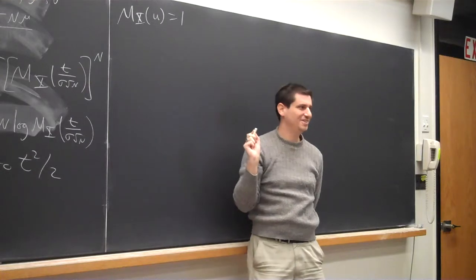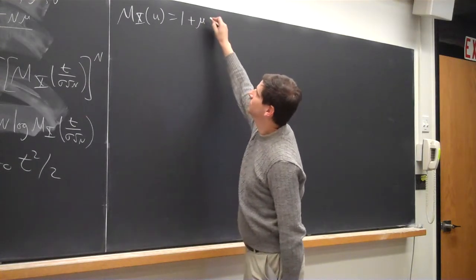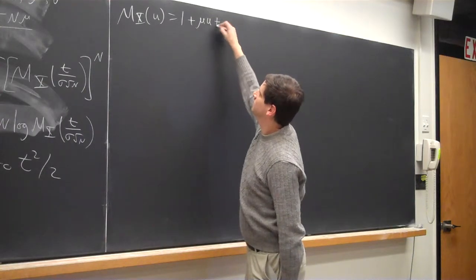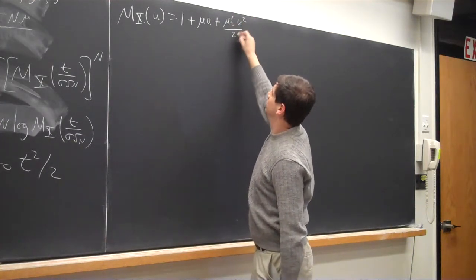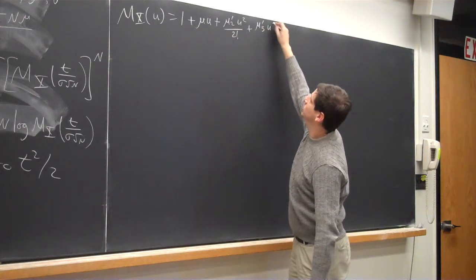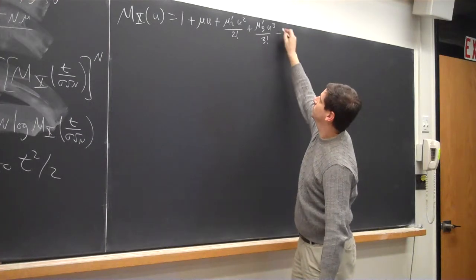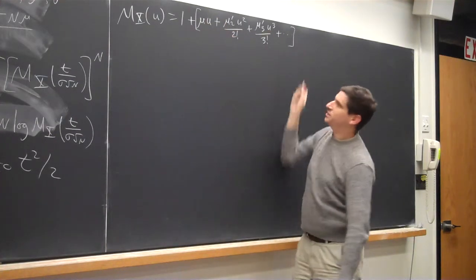The mean. So 1 plus mu u plus mu2 prime u squared over 2 factorial plus mu3 prime u cubed over 3 factorial. So I can bracket that whole quantity.